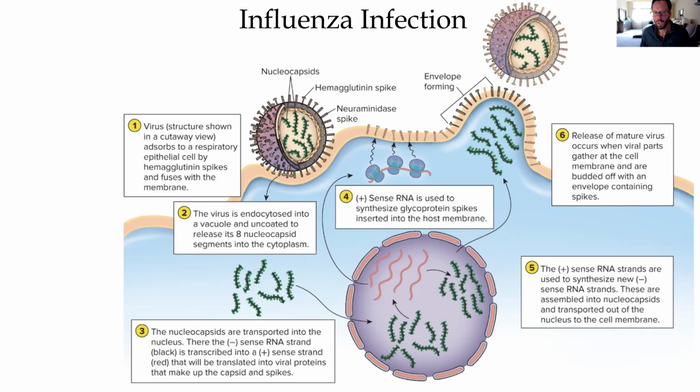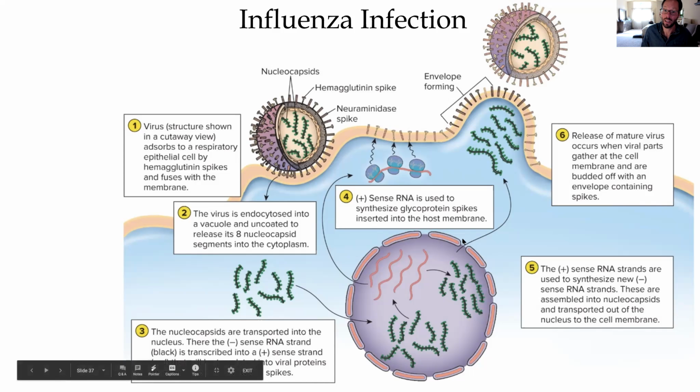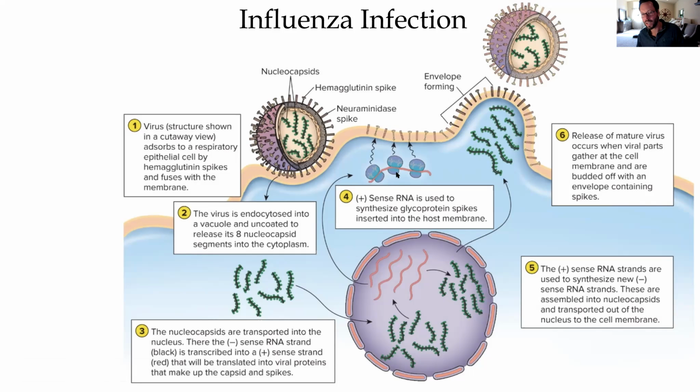Okay. So these are negative sense RNA viruses that then have the positive sense that then leaves the nucleus and goes back to the cytoplasm and uses the ribosomes to make proteins, the spikes, right, the hemagglutinin and the neuraminidase spikes. It's translating those proteins out, and then it's shooting those proteins into the cell membrane of the host.